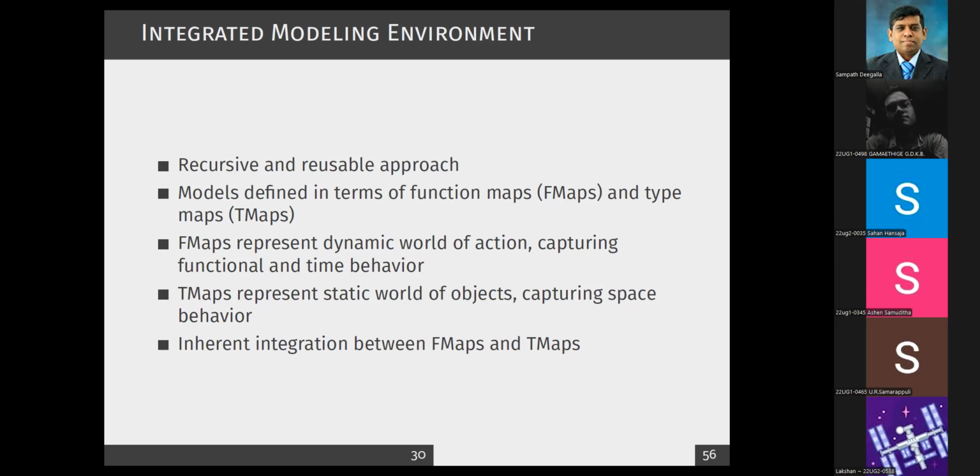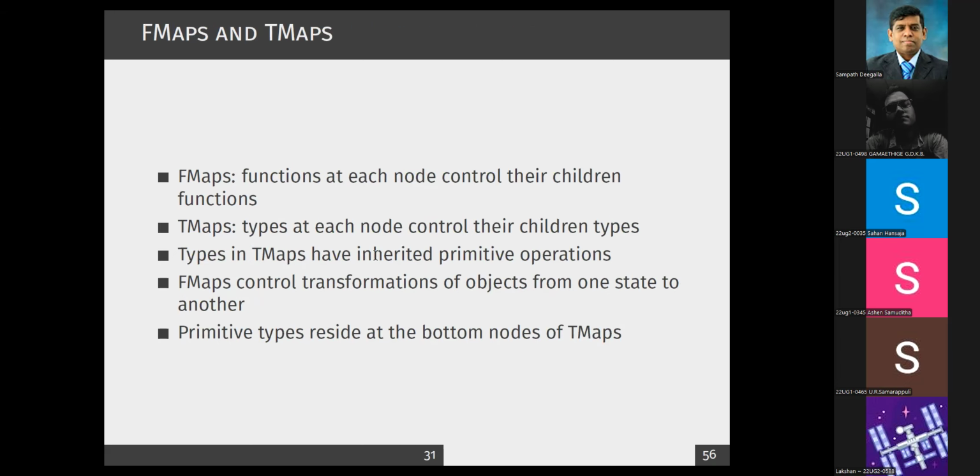Okay, I think I should give some examples of what these F maps and T maps are. So let's look at some examples. As I told you earlier, F maps are functions, and ideally they talk about sub-functions, which we can call the children functions.